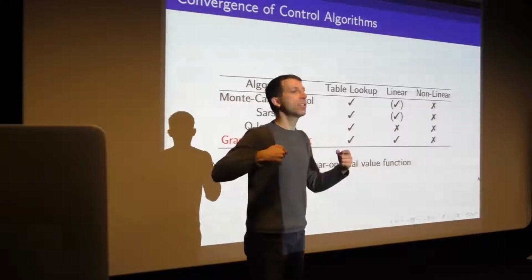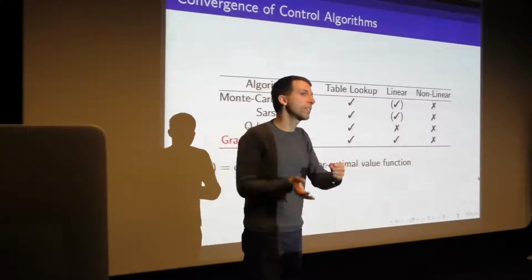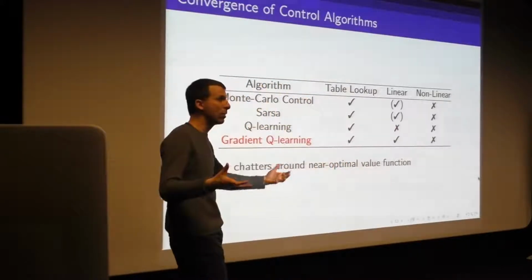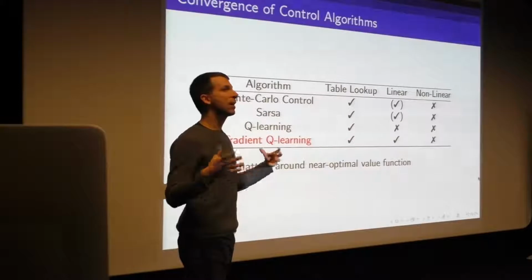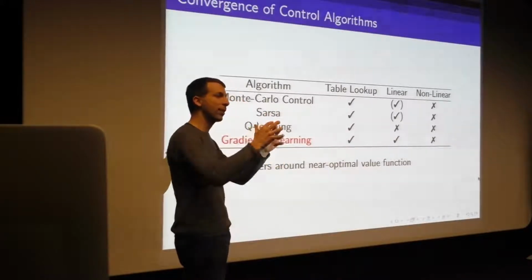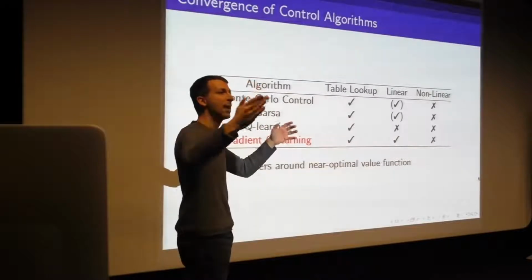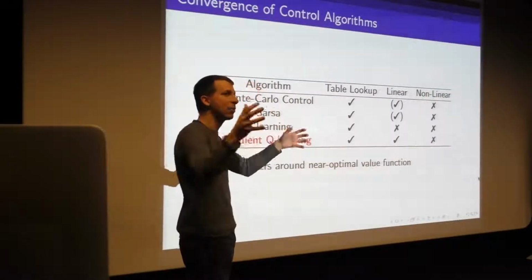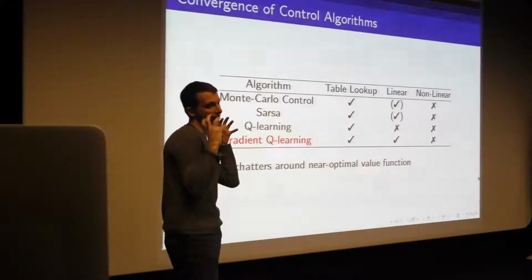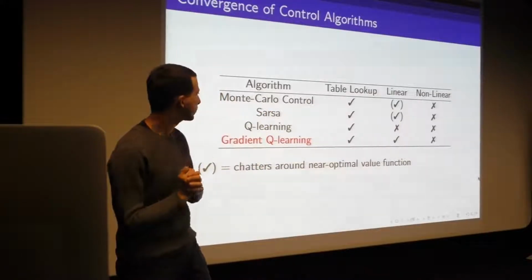There's no guarantee once you use function approximation that your improvement step is really improving the policy. You might take an epsilon greedy step, but we don't have this guarantee anymore that that's actually making progress at every step, and you can kind of make progress, and then take a step away, and make progress, take a step away, and end up chattering around the optimal policy or the optimal value instead of ever converging to it.